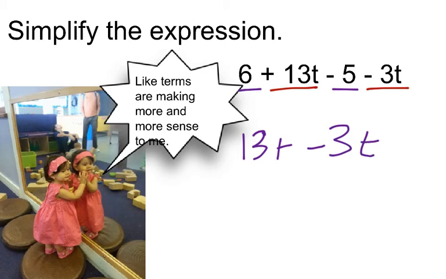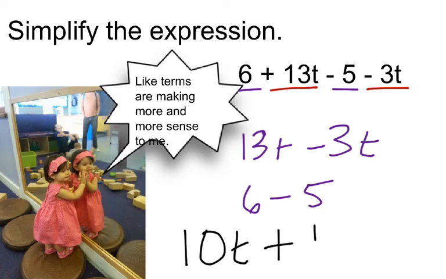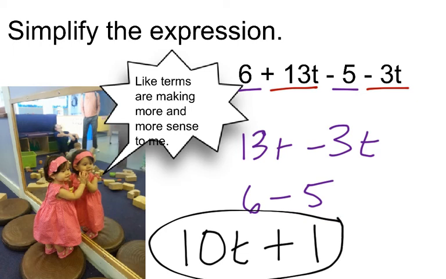Then I have 6 minus 5. And now I can, of course, associate this with boxes and individual cookies. 13 boxes minus 3 boxes would give me 10 boxes, but in this case I'm using t for my variable. 6 minus 5 is positive 1. So my simplest term is 10t plus 1.